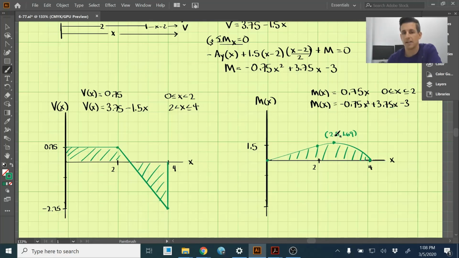Our maximum occurs at x equal to 2.5. What do we see on the shear diagram? We know that's a maximum because on our shear diagram, it intersects the x-axis, and the shear is 0 at that point. So that is problem 756.